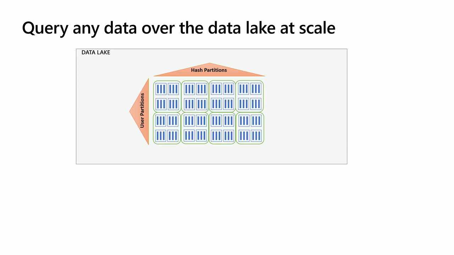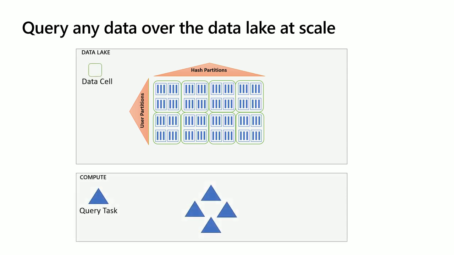Now, in the compute layer, when a T-SQL query comes in, it gets broken down into a collection of query tasks that are represented here as blue triangles in the slide. A query task has as inputs data cells. Then it has a source that it executes against the compute nodes, which is a fragment of the T-SQL query.